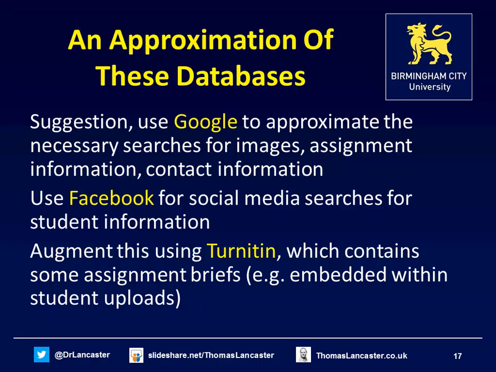And I also know that Google tries to keep recent information correct and high up in the search rankings, so we may be able to get some decent information there and feed that into our automated system. And this may not just be assignment information, it may extend to images, university contact information, etc. Can we use sites like Facebook for social media information, which is where a lot of the information we need about students is kept hidden?